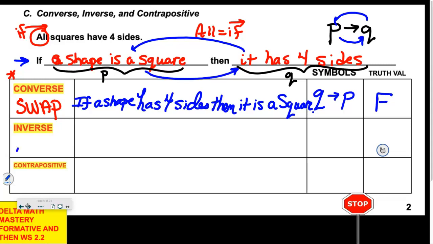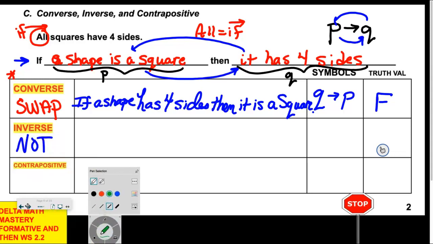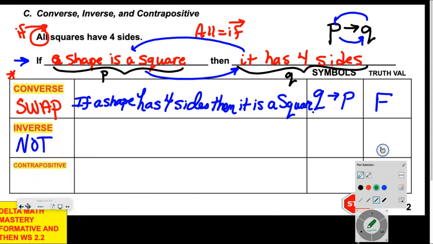All right, so I call the inverse the notter. So I have the swapper, and I have the notter. What it does is it goes back, and you can go in green. You don't need to do all these additions on your notes. Definitely have what I'm putting on this table. But in green, in blue I said it swaps. In green, what we do is what I call not.